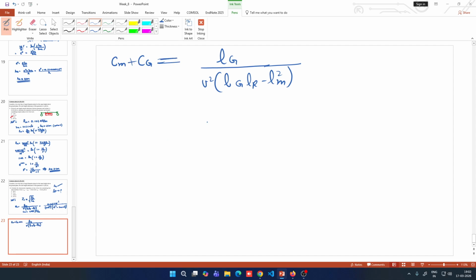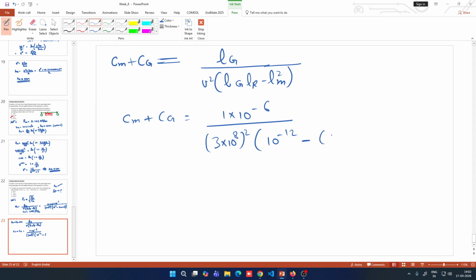Cm we have already found out, Cg we have to find, and LG and everything else we know from the problem. So now, for Cm plus Cg, Lg is 10 to the power minus 6, V is 3 into 10 to the power 8 whole square, Lg into Lr becomes 10 to the power minus 12 minus (0.102 into 10 to the power minus 6) whole square.